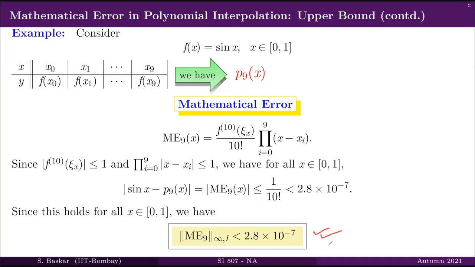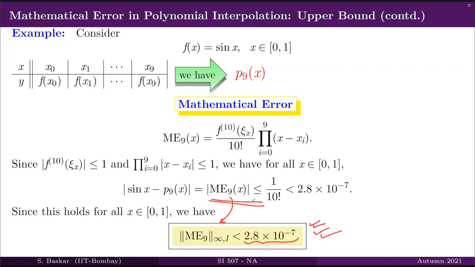So if I ask you to find the estimate for the mathematical error involved in some polynomial interpolation, you finally have to give an estimate like this, where the right hand side is a known constant, and you should also make this argument. Don't leave it at this step. I will not accept this.